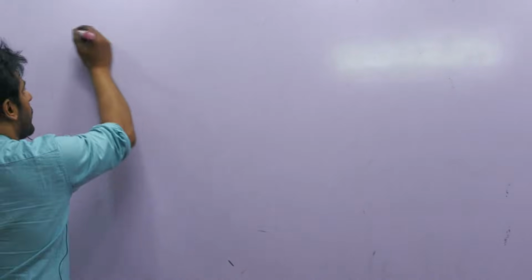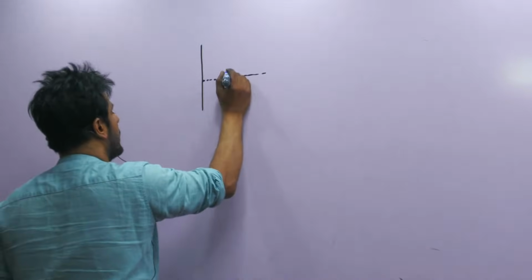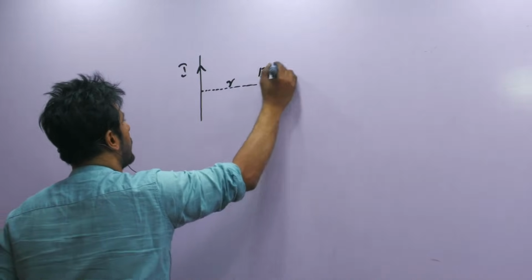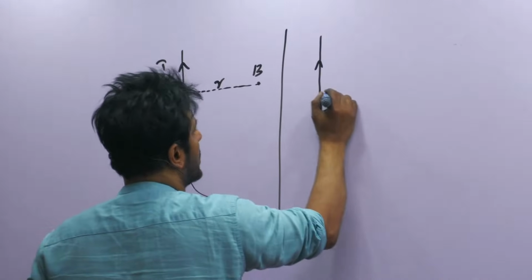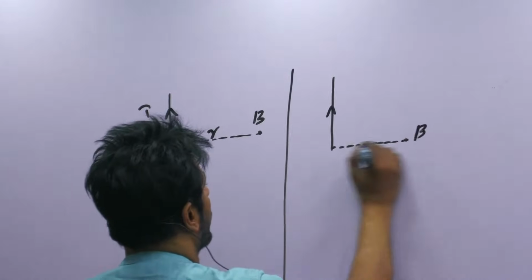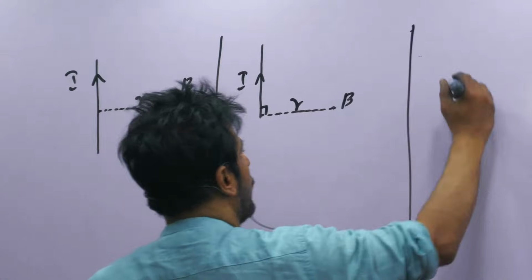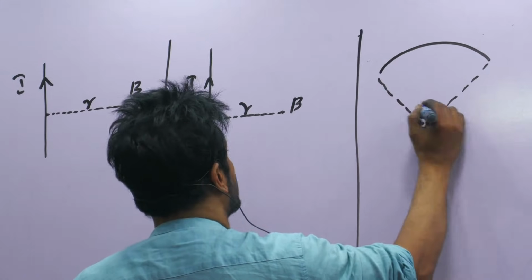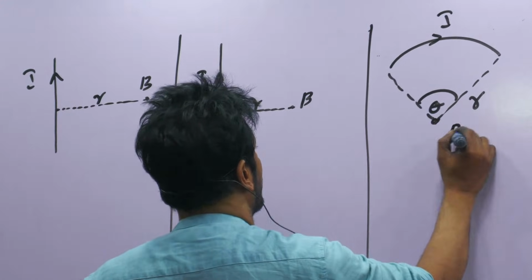First one, when the current exists both sides from the necessary point, I. Next one, when the current exists one side from the necessary point, this is the side, this is R. Next one, when the wire is bent, subtending angle theta at the center, I, radius is R. Now this is the B.